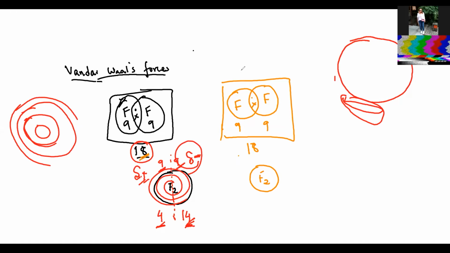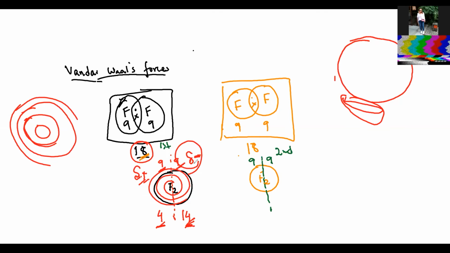On the other hand, this side had what? This side had 9, this side also had 9, right? This is our second molecule. This is our first molecule. So second molecule also was equally distributed. But what is happening?